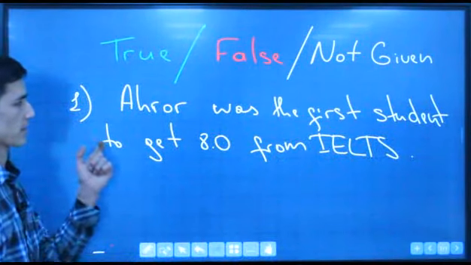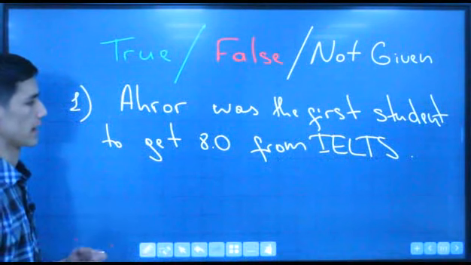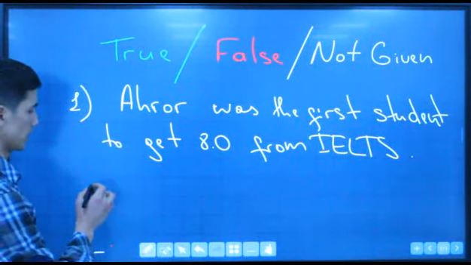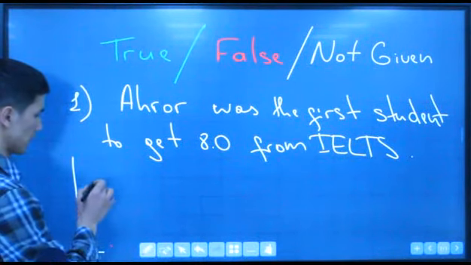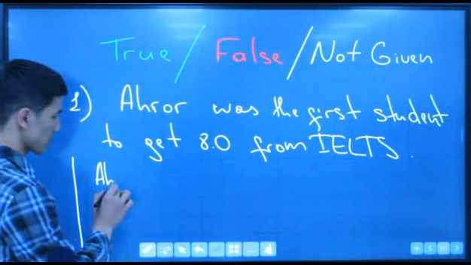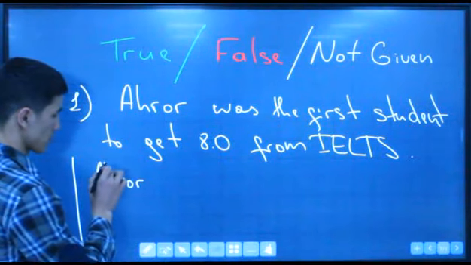So your question says Ahrar was the first student to get 8 from IELTS, and from the passage you might find the keyword all the time, Ahrar.